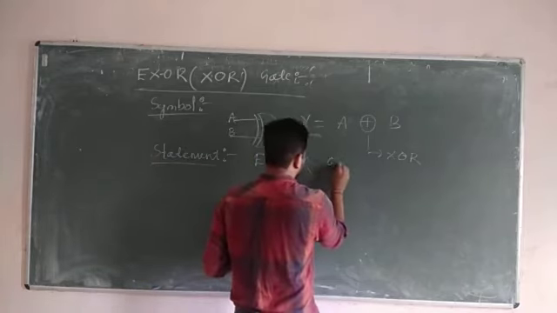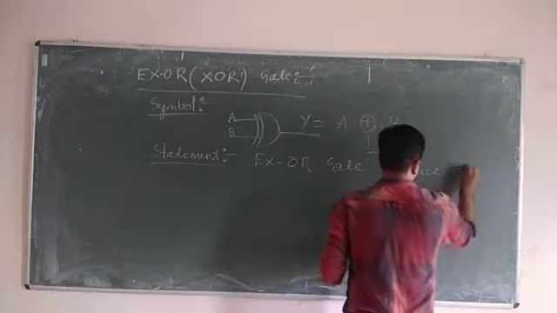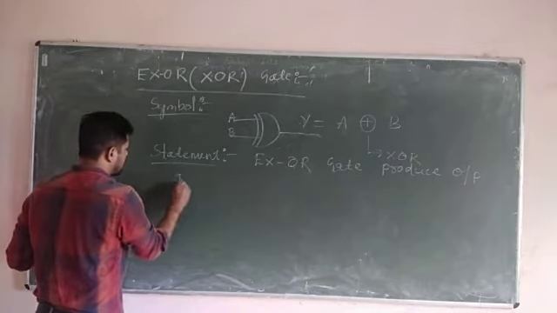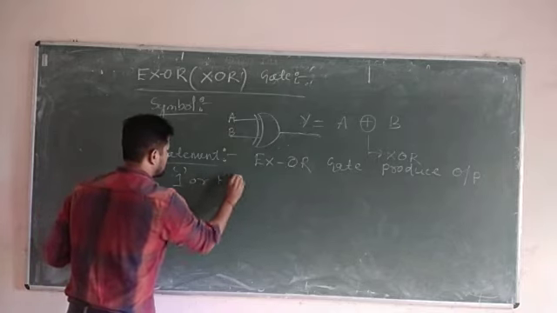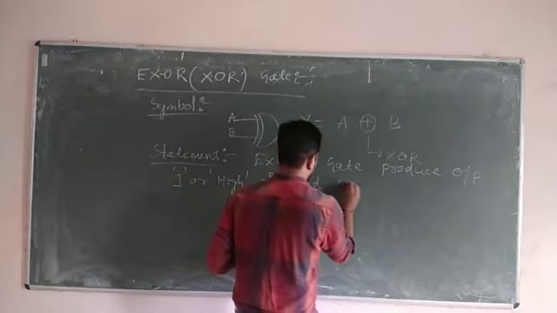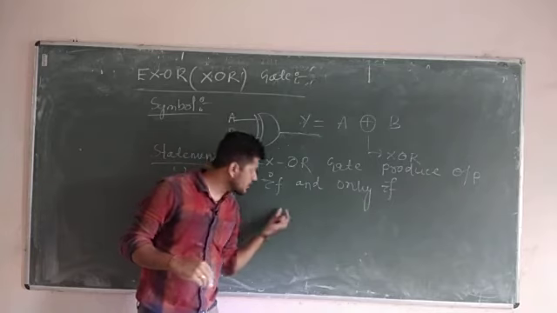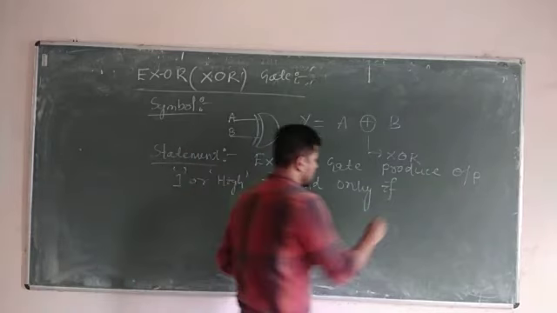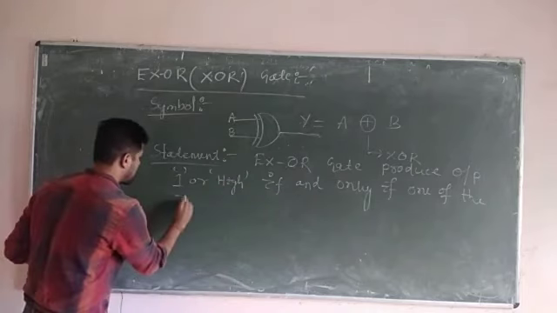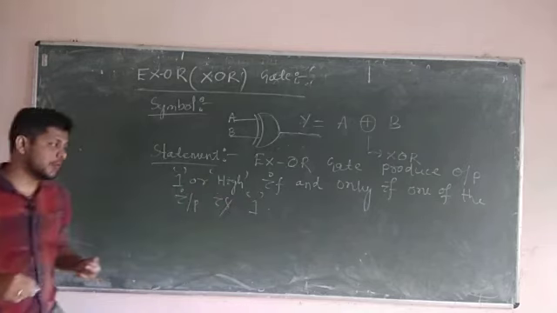XOR gate produces output 1 or high if and only if one of the inputs is 1, that means 1 or high.